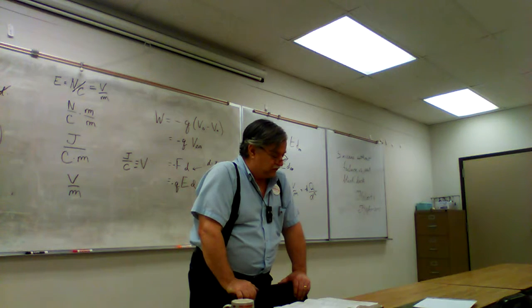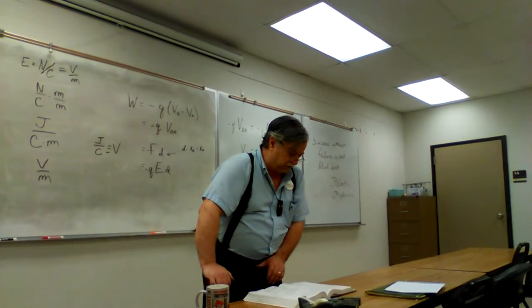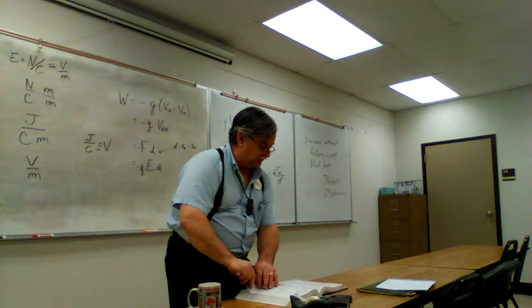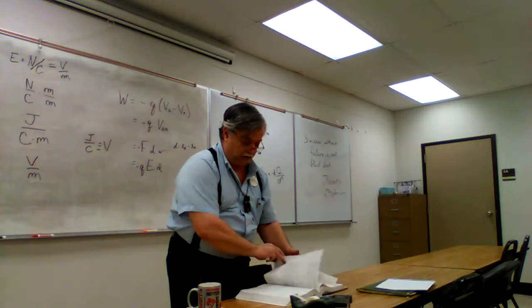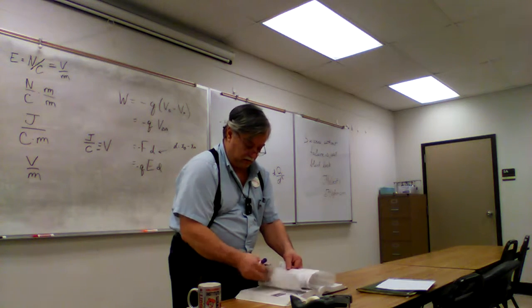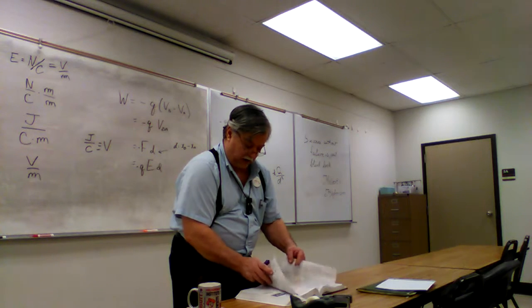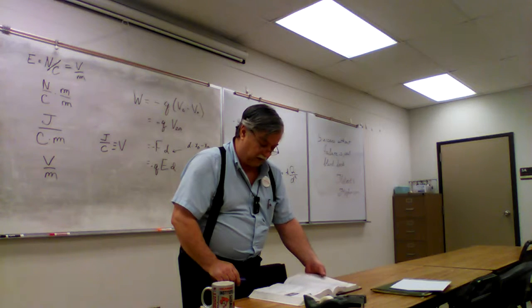It gives a list of breakdown voltages. I'm sorry, this is not the right table. This is typical potential voltage differences. There is a table in here of breakdown voltages somewhere. Here it is. It's actually on page 485, Table 17.3.